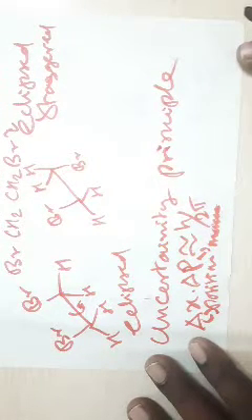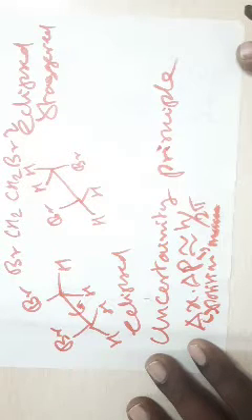This is the uncertainty in fixing the position as well as the momentum of an object, whatever it may be. It may be an electron or a single particle. We have studied all these things in the particle in a one-dimensional box in our quantum mechanics.